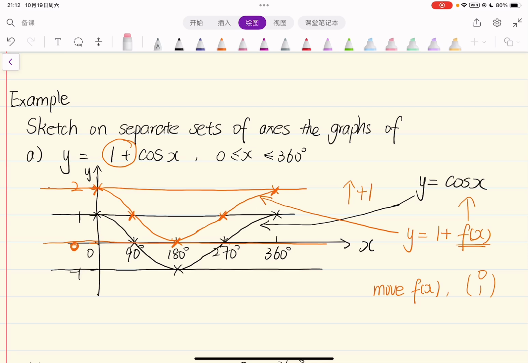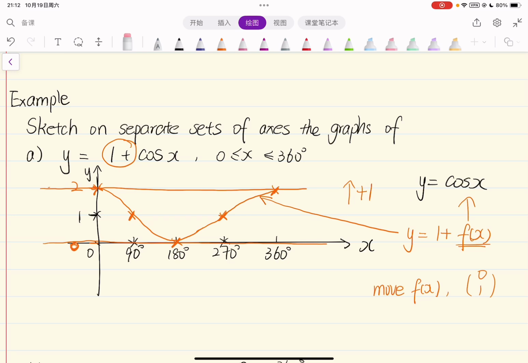Let me erase the black part so you can see it clearly. Sorry. So the orange one is y equals 1 plus cosine x.